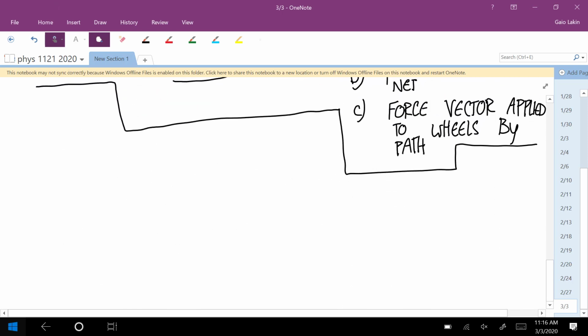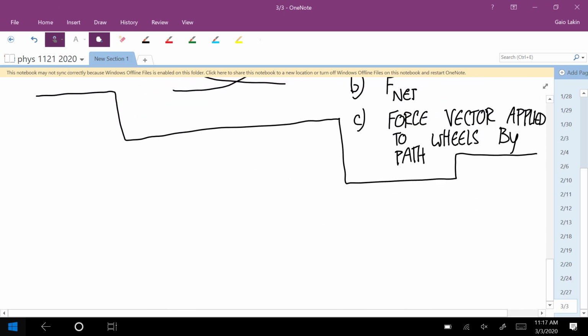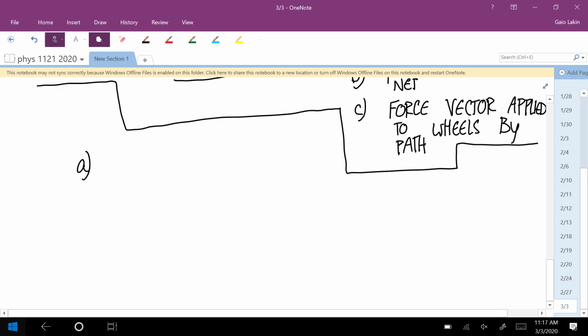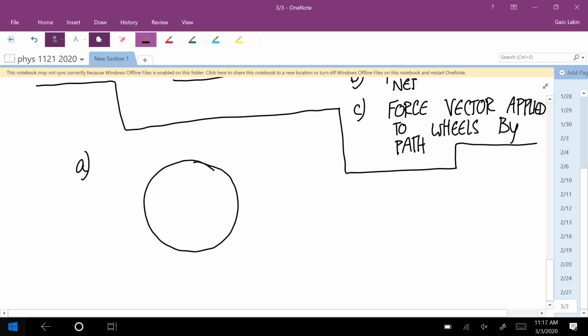Okay, so the first thing we want to calculate is the acceleration. So here's our circular path. The object is moving this way, and the magnitude of that velocity is 15 meters per second.